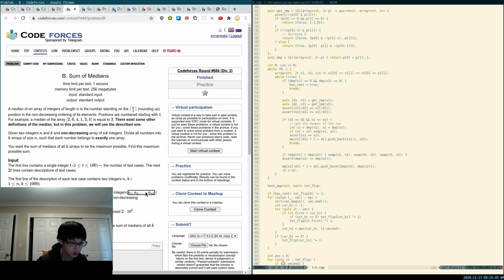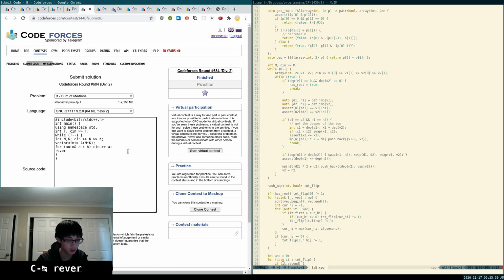The array is non-decreasing, so it's sorted. So I'll just reverse it. We don't have to bother. For i equals 1, i less than n, i plus plus. No, this is actually n over 2 plus 1.